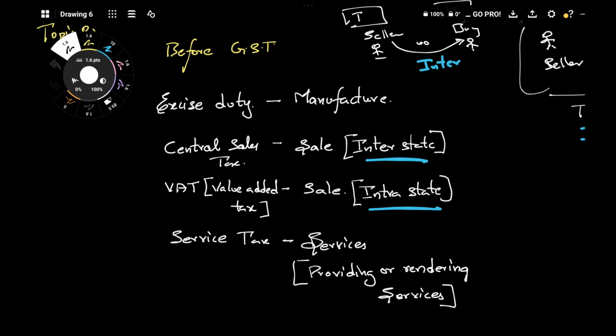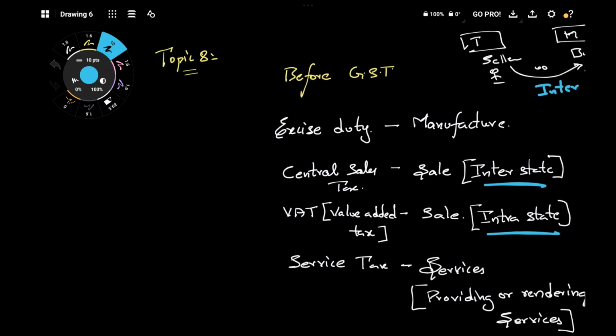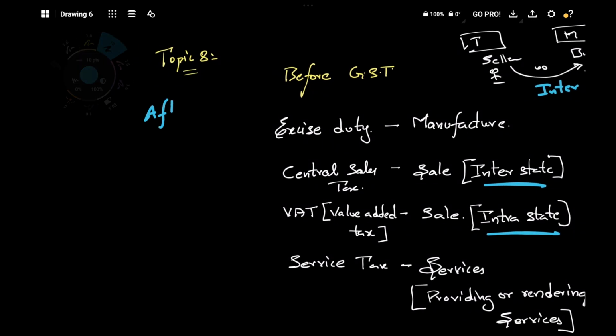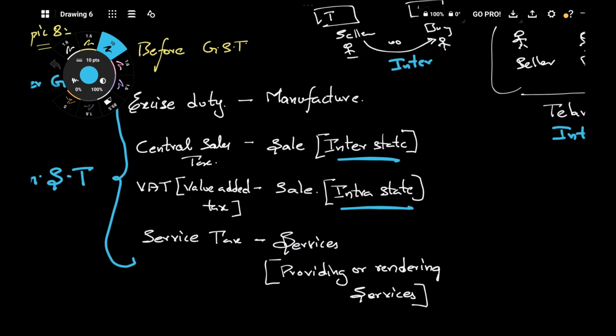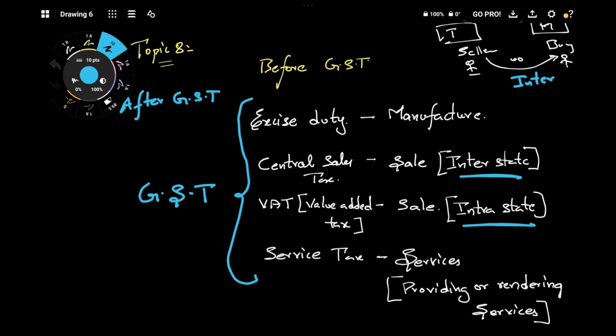That's a big question. Okay, after GST, all these taxes are subsumed into one tax known as goods and services tax. These are all the taxes which have been subsumed into GST.